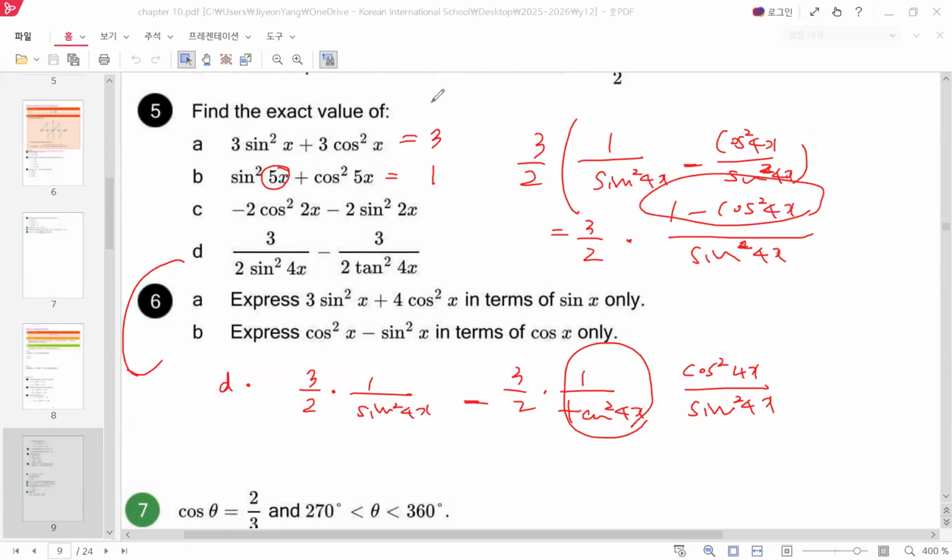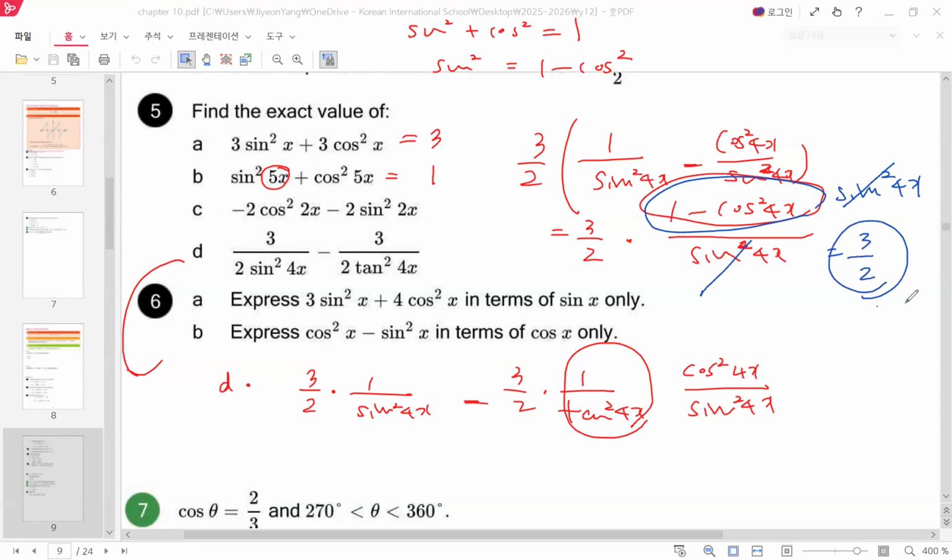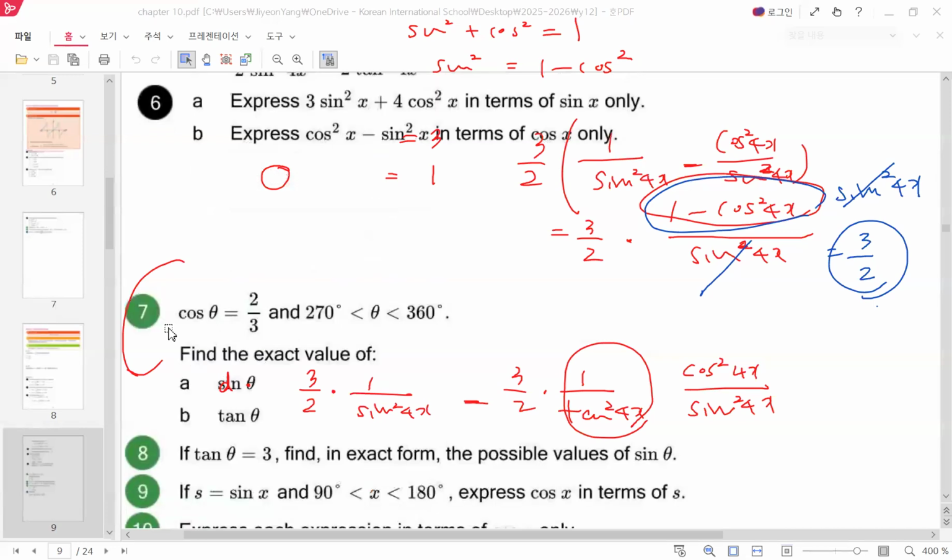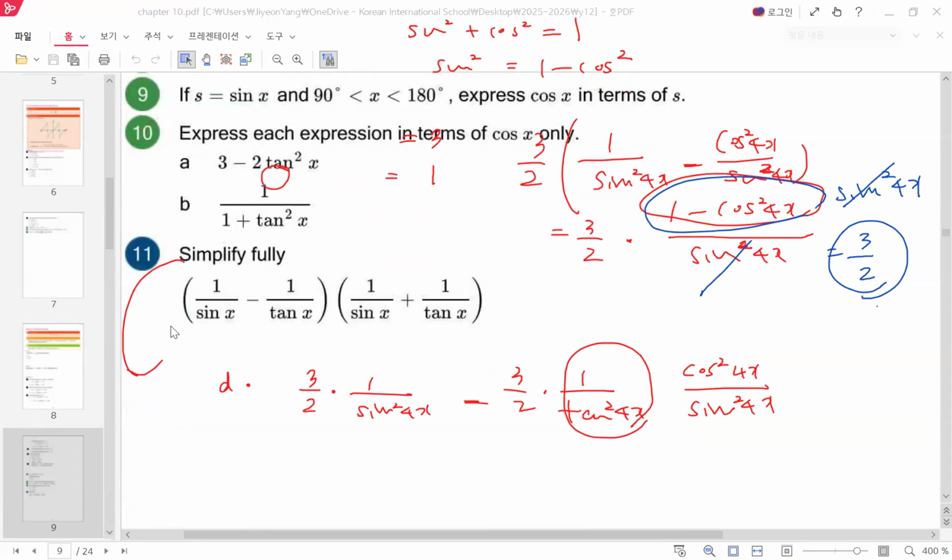Then again, students, since sine square plus cosine square equals 1, it means that sine square can be written as 1 minus cosine square. Do you understand? So you can write this part as sine square 4x, right? Then cancel that. What is left here is just 3 over 2, the answer of this question. So it's 3 over 2.